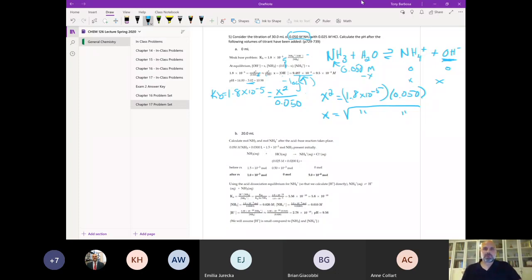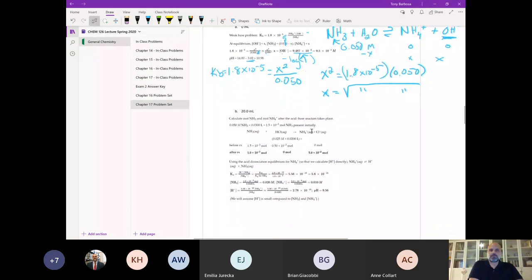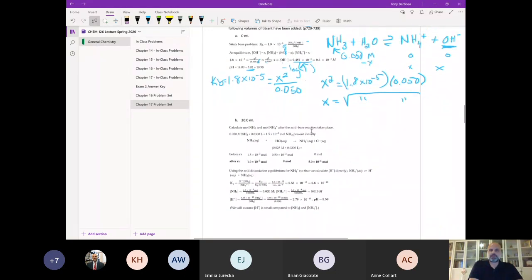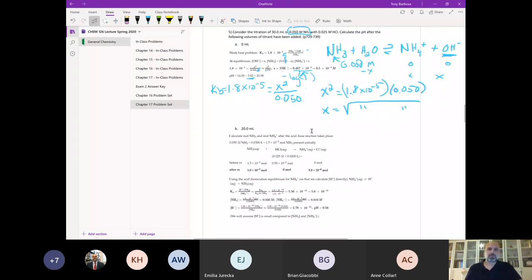The second part, the whole point of this problem, was to show the second part where we're adding 20 milliliters of hydrochloric acid solution. This is a limiting reagent problem, right?